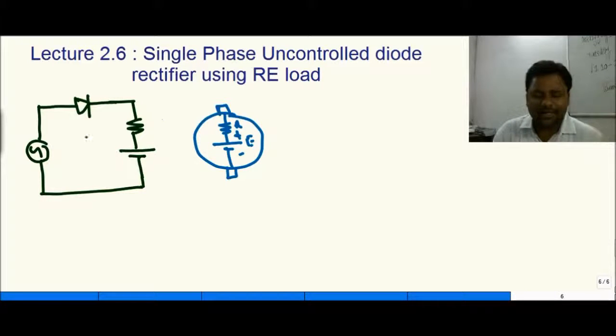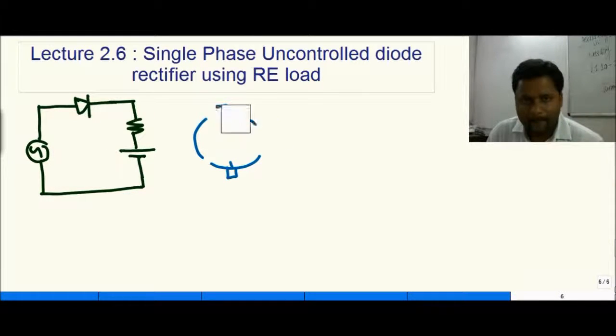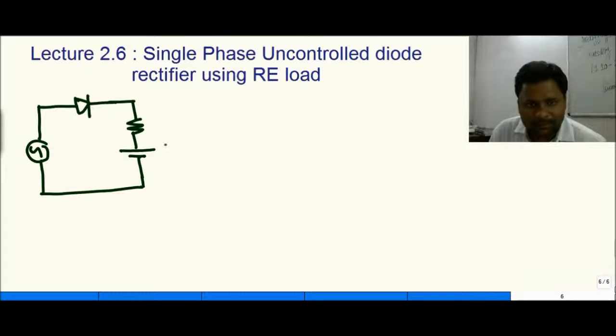This is called the RE load. This is plus minus E, this is R, plus minus the voltage across the diode and resistance, and the source voltage, and it is our assumption that the output voltage is like this.